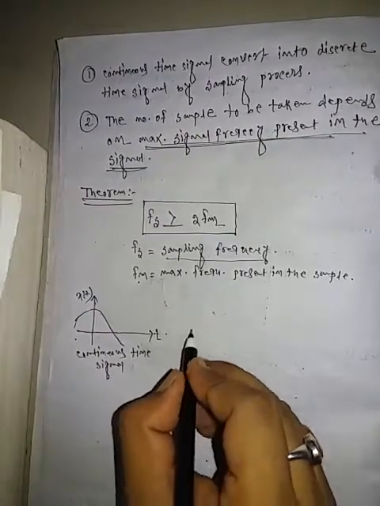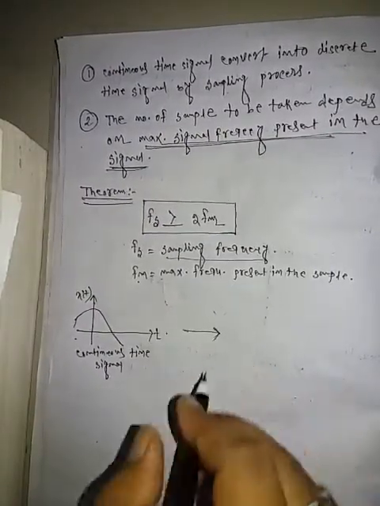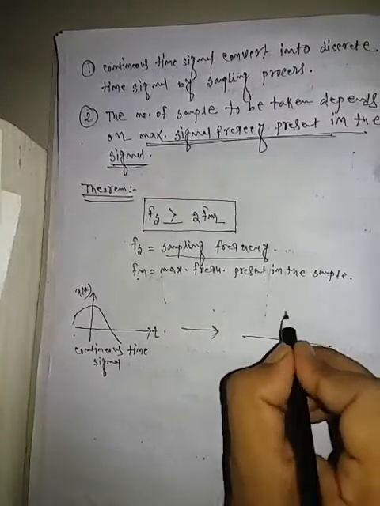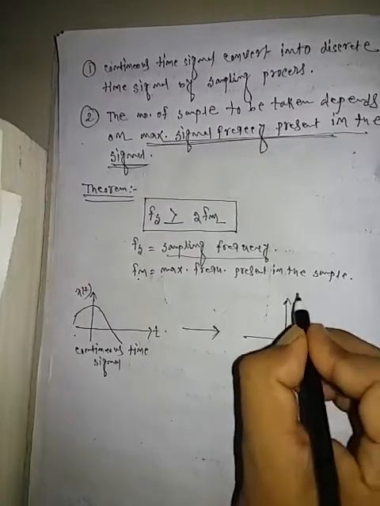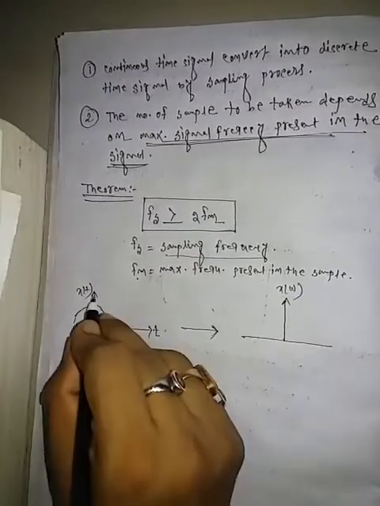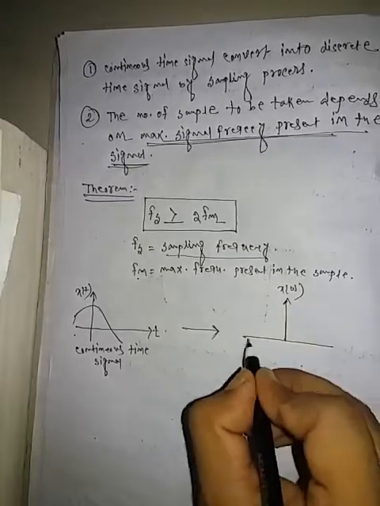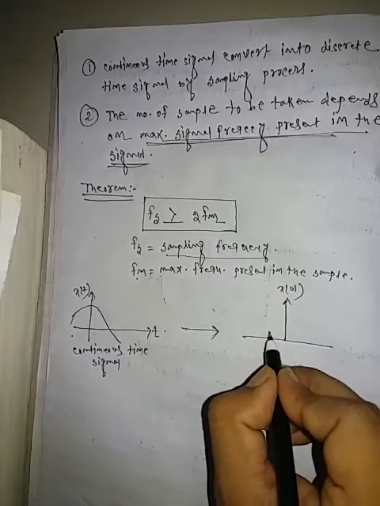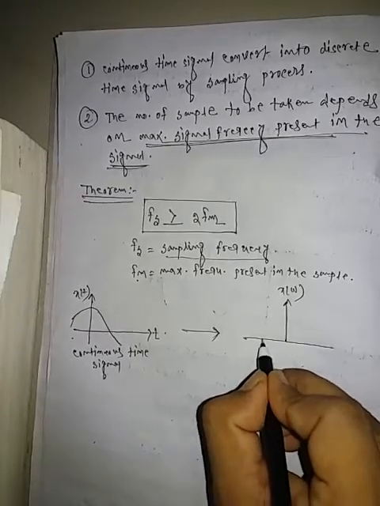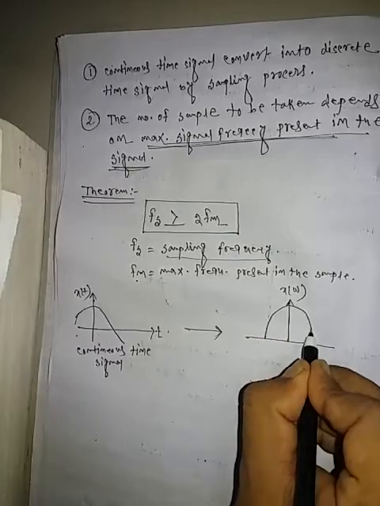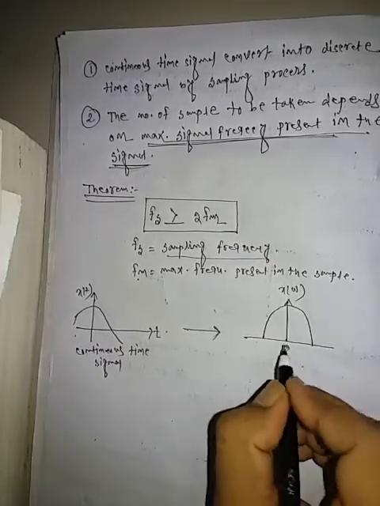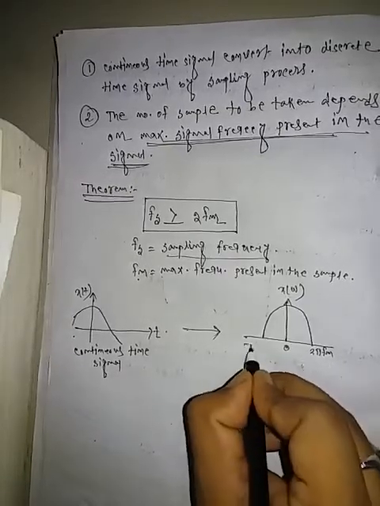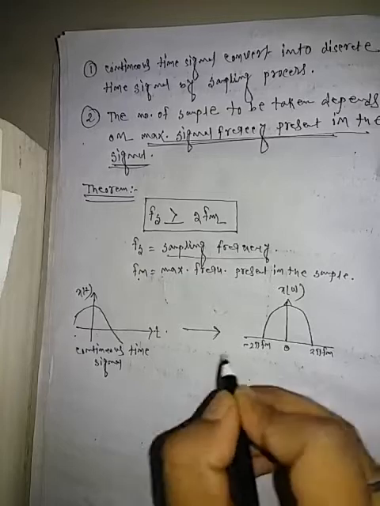If we convert it into its spectrum, that is, into the frequency domain, the signal x(t) becomes X(omega). Here this is 0, this is 2 pi Fm, and this is minus 2 pi Fm.